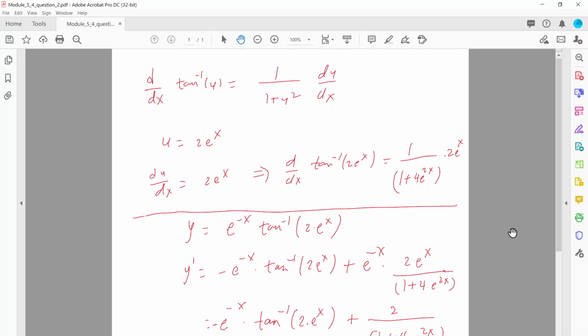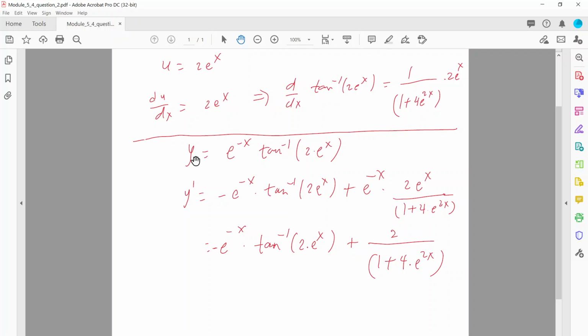Now we want to find the derivative of y. Remember, y is the product of two different functions. So if y is f times g, then the derivative of y is the derivative of the first function times the second function plus the first function times the derivative of the second function. In our case, f is e to the power negative x and g is this inverse trig function.